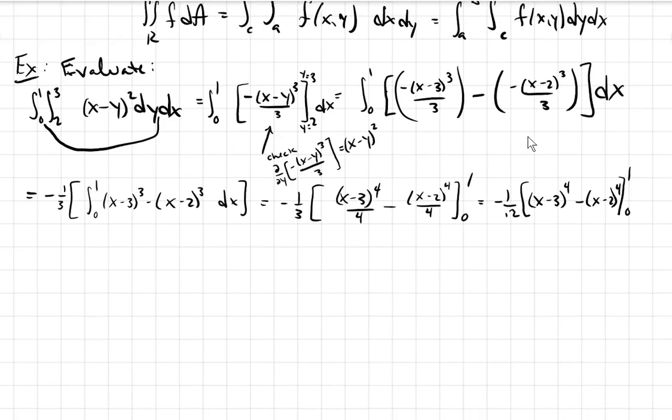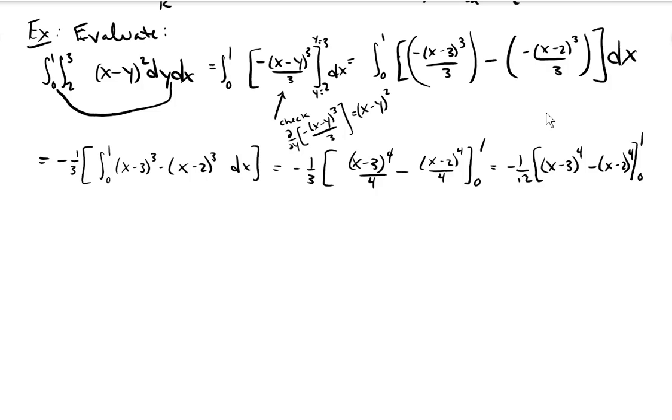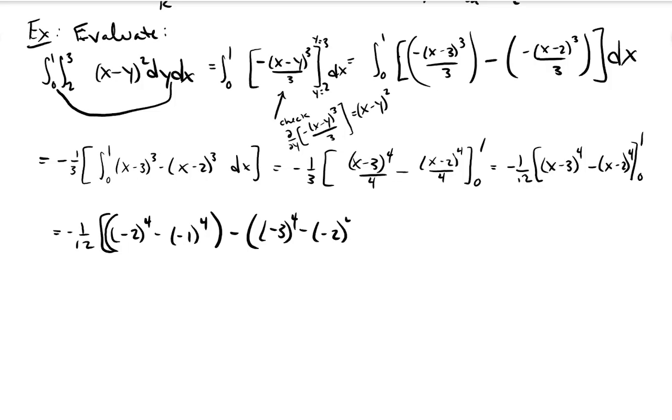Let's free up some space. So it looks like we get, at the top bound, negative 2 to the 4th minus negative 1 to the 4th. At the bottom bound of 0, we get negative 3 to the 4th minus negative 2 to the 4th.